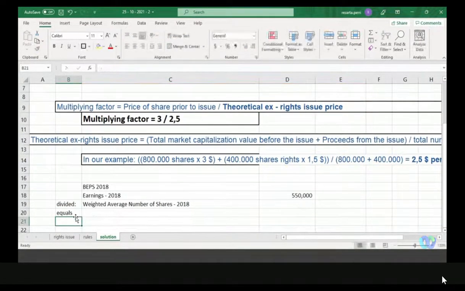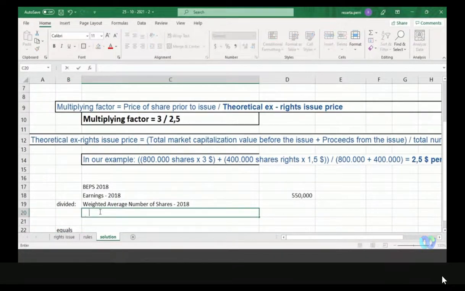Again, we need to calculate the weighted average number of shares. Try to focus on how we make the calculation, even though it should be fairly easy right now. We start with 800,000 shares. They have been outstanding for 6 months out of 12 months. And remember that they have to be also weighted with a multiplying factor, 3 divided by 2.5.